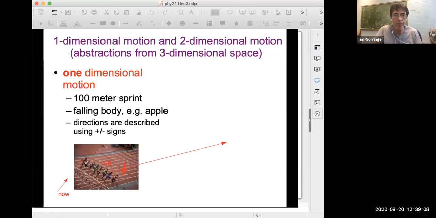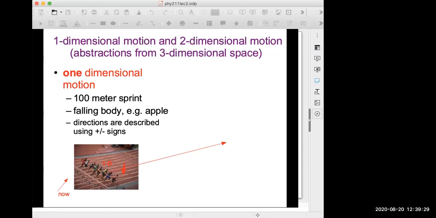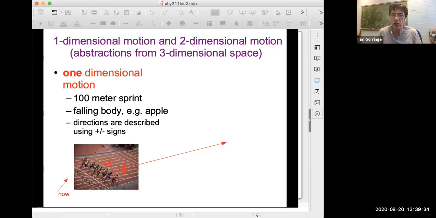For example, motion along a straight line is one-dimensional motion. Motion around a circle is two-dimensional motion. We can pull apart the interesting motion from the background by thinking of just the motion in one dimension when it's straight line motion, and in two dimensions when it's circular motion.